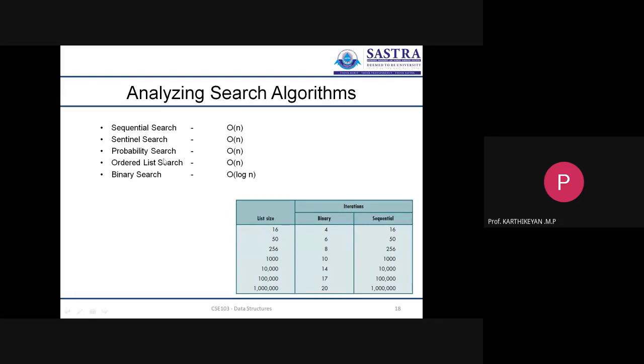We discussed that the probability search will improve the efficiency, but even if it improves the efficiency, it will only become a constant coefficient before the efficiency. As per the calculation of big O notation, we need to remove the constants and coefficients. So obviously it will become O of n. So all the sequential search variations will have O of n as the efficiency.